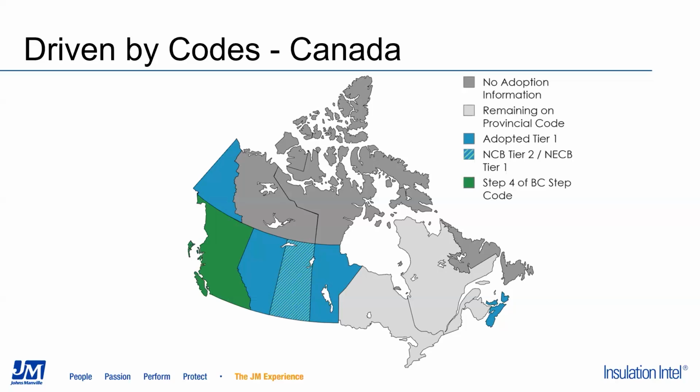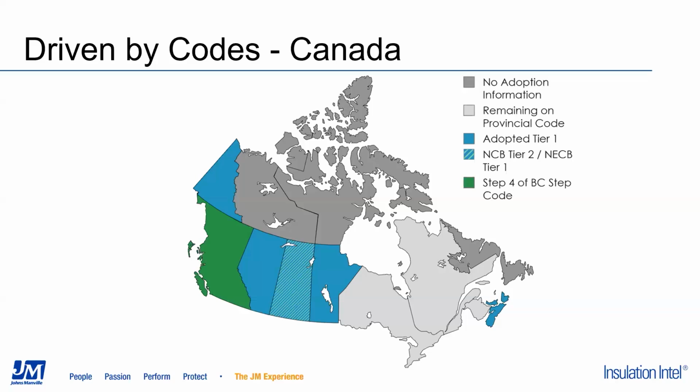And so, right, the map here really shows, at least a couple of weeks ago when I made this map, what the status was of building codes in Canada. So we can see that the dark gray ones had no real adoption information published, so I have to assume they're just on whatever their current provincial code is.